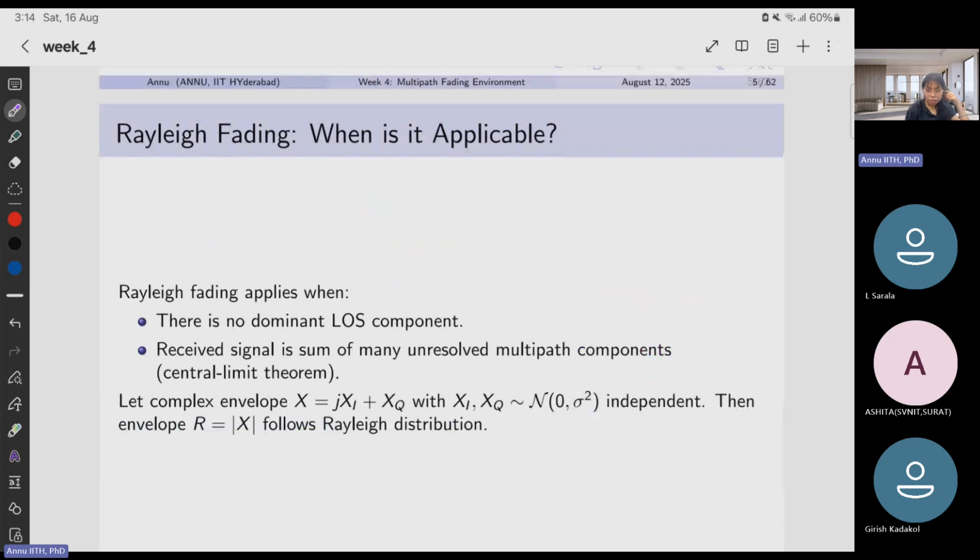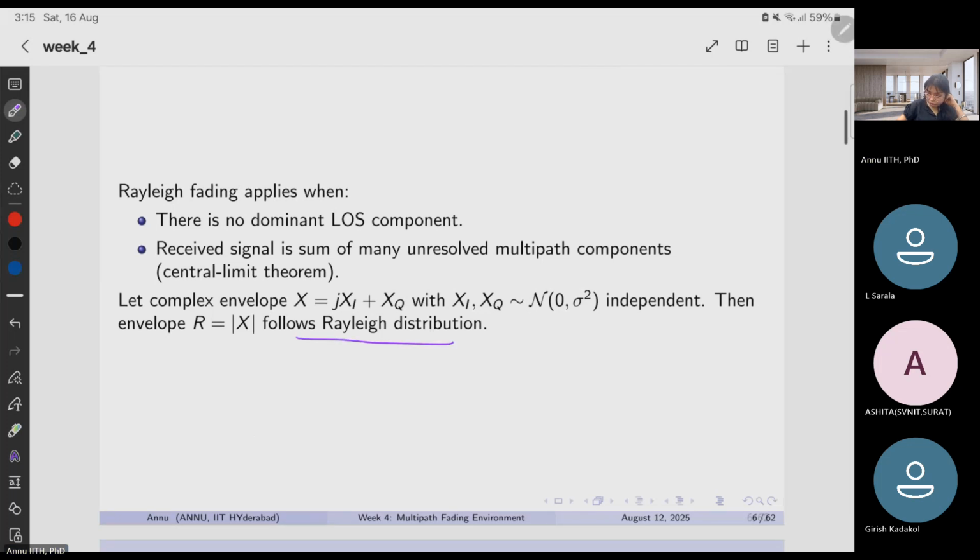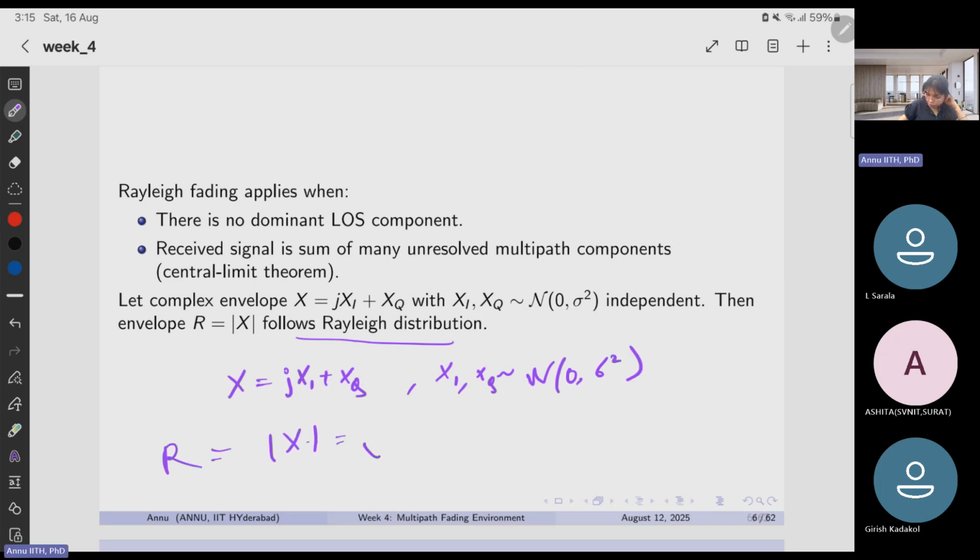So let any complex number, for example, the complex envelope x, be equal to x_I plus j x_Q, where x_I is the in phase component and x_Q is the quadrature phase component, and x_I and x_Q are Gaussian and independent. Then the complex envelope R follows the Rayleigh distribution. So |x| is equal to R, which is the square root of x_I squared plus x_Q squared.